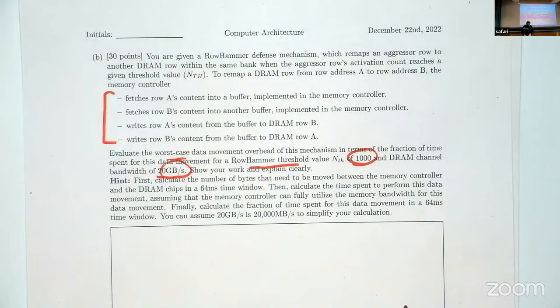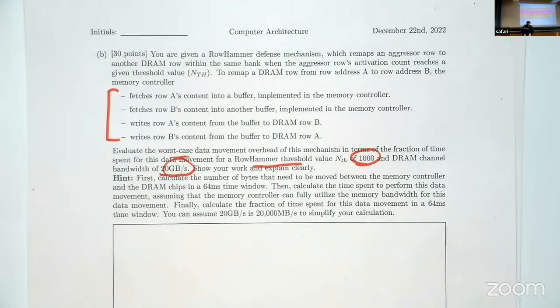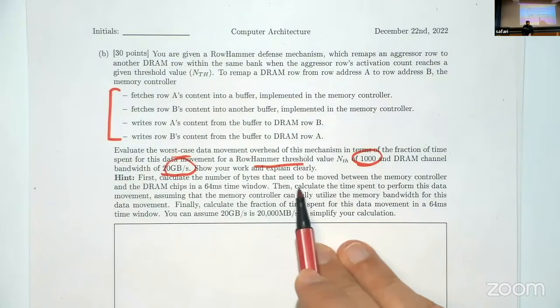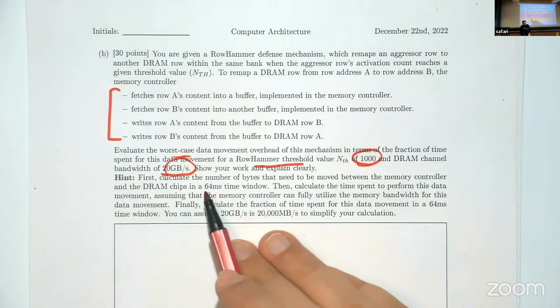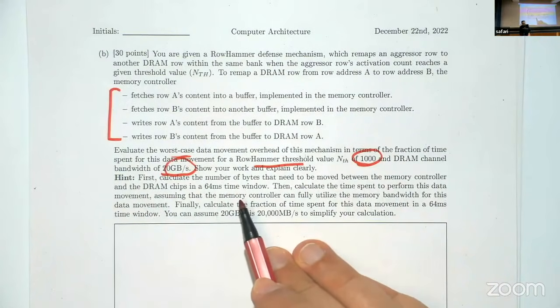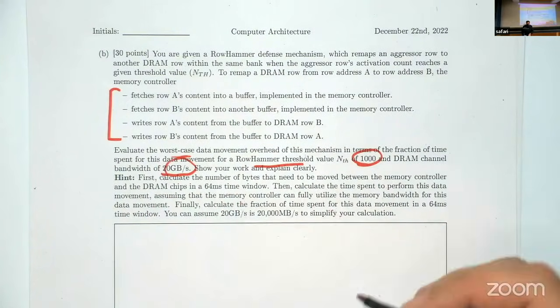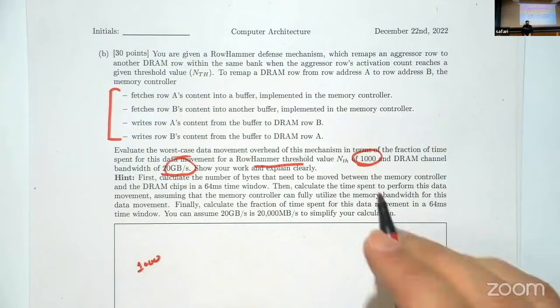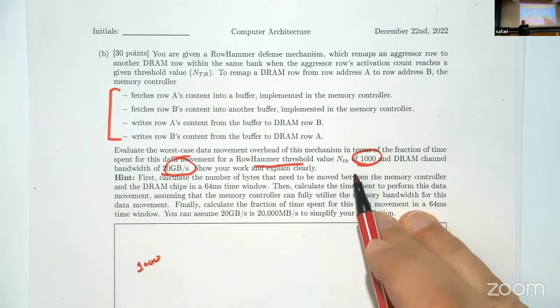So first, calculate the number of bytes that need to be moved between the memory controller and DRAM chip in a 64 millisecond time window. We already know that RowHammer threshold is 1000.